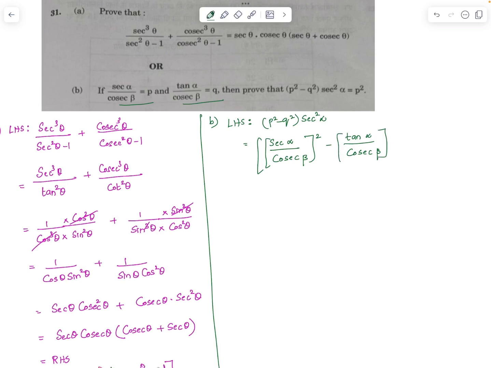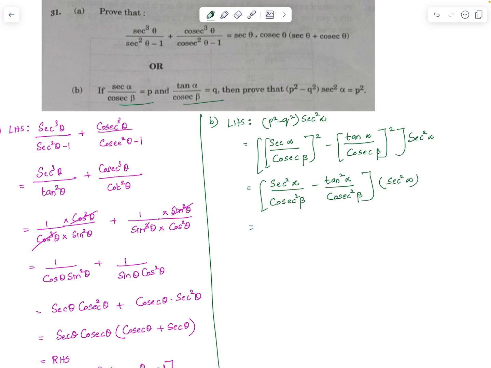Since Q square, this quantity has to be squared times sec square alpha, which is sec square alpha upon cosec square beta minus tan square alpha upon cosec square beta times sec square alpha.